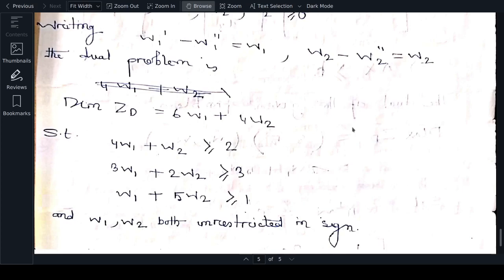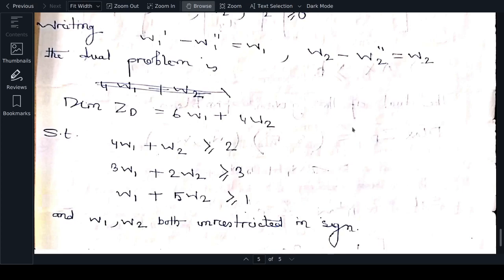If you find difficulty, then you proceed in this way up to this. It will be somewhat lengthy and the calculation will be more. So this is the conversion of primal to dual.